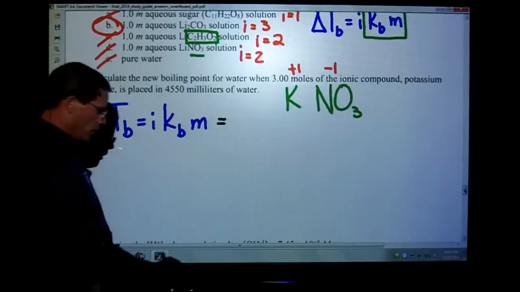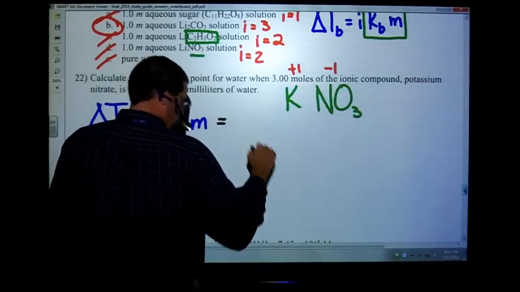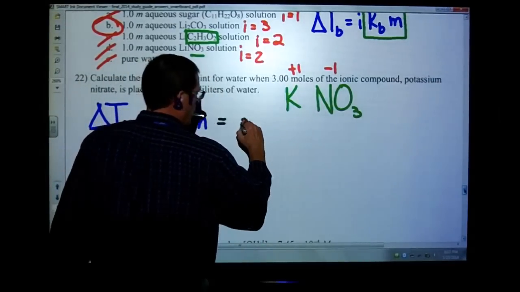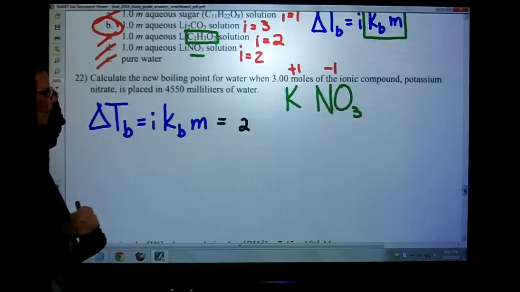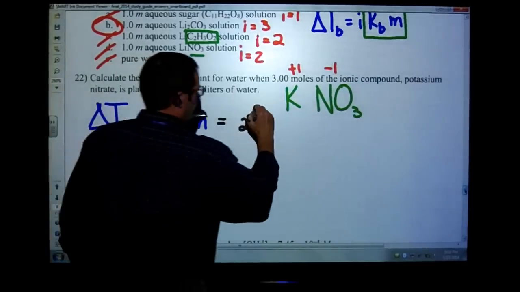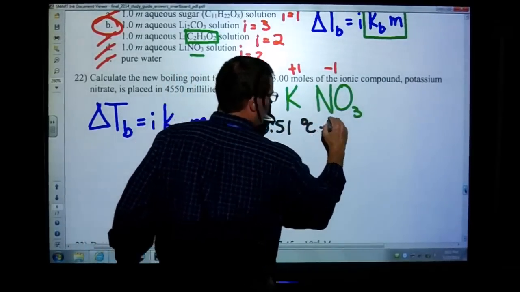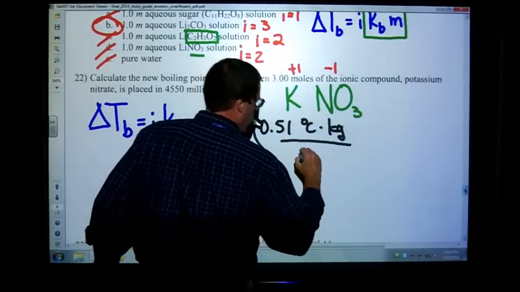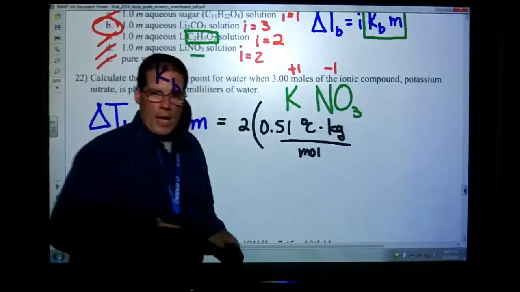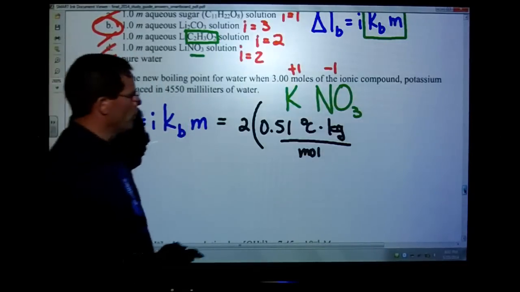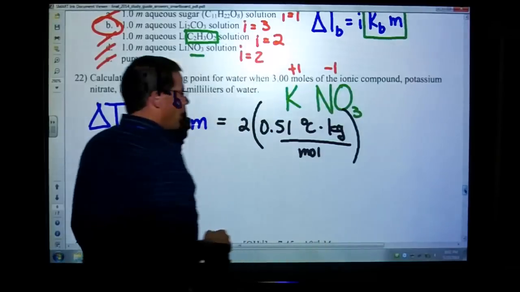So my i value in this case is equal to 2. My K value, again, it's a constant, it's 0.51 degrees Celsius kilogram per mole. That's provided for you, so you don't have to memorize that.